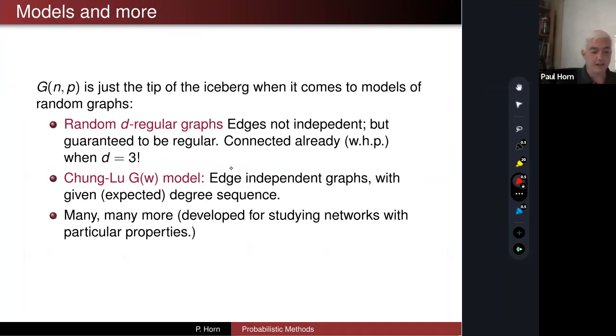I also mentioned that, in terms of random graphs, this is just the tip of the iceberg. People study all kinds of random graph models. Random regular graphs, where the edges aren't independent. Random graphs where the degrees have some given distribution. And there are many more.